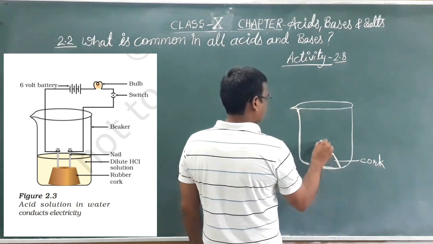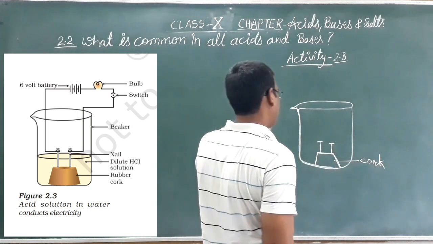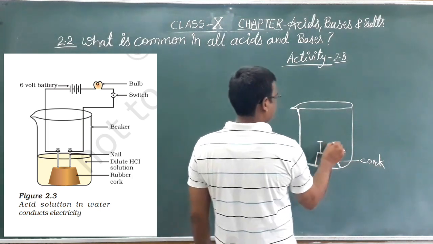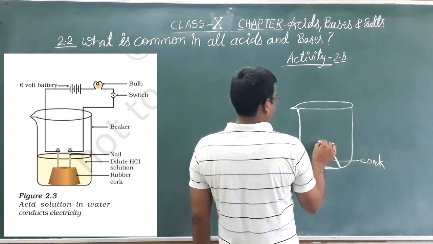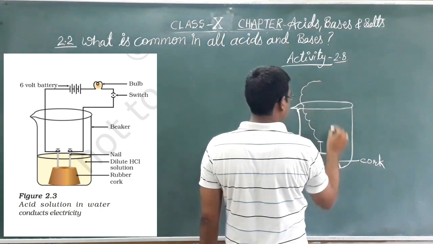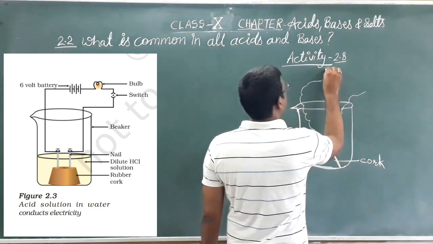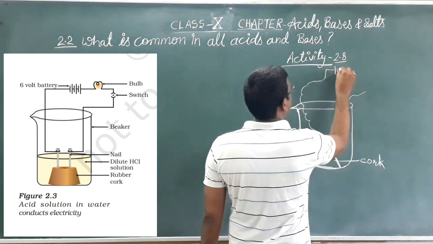On this cork, two iron nails are present. And with these iron nails, two wires are connected.